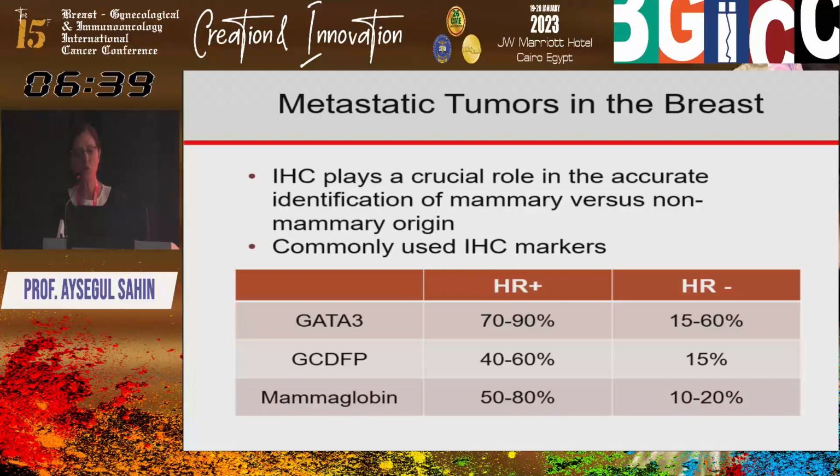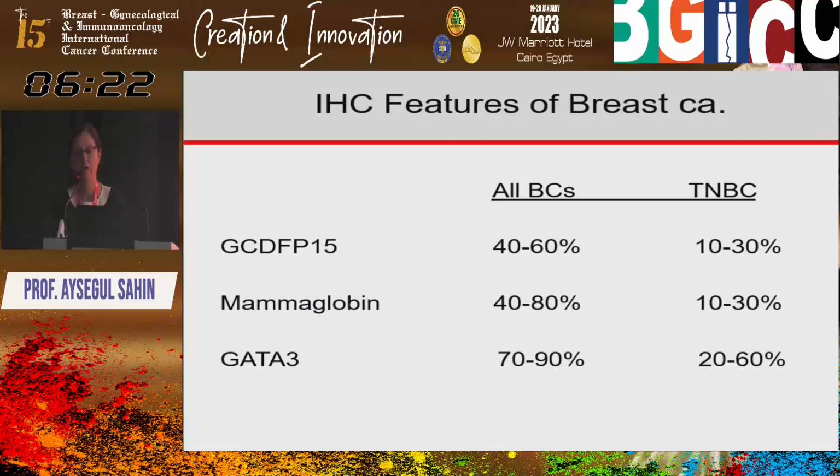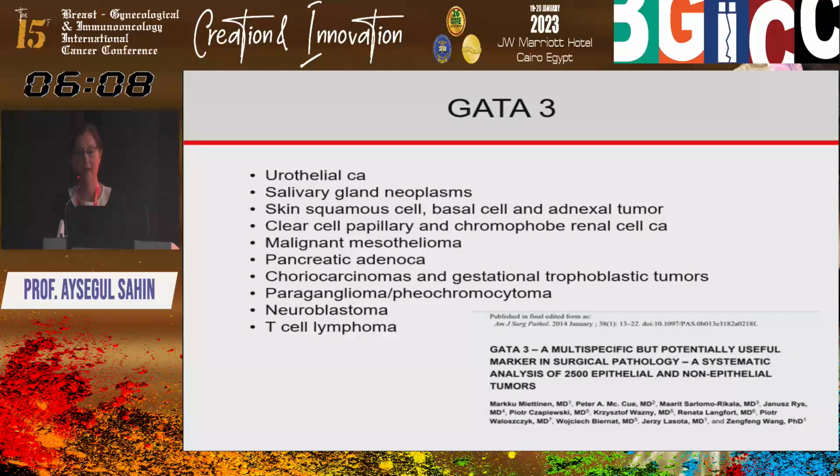In the past, we always did GATA3, gross cystic disease fluid protein, and mammaglobin, but their sensitivity and specificity, especially in hormone receptor positive versus hormone receptor negative tumors, is very variable. None of the markers is 100%. Especially in triple negative breast carcinomas, the sensitivity of both mammaglobin and GATA3 is quite low to be diagnostic.